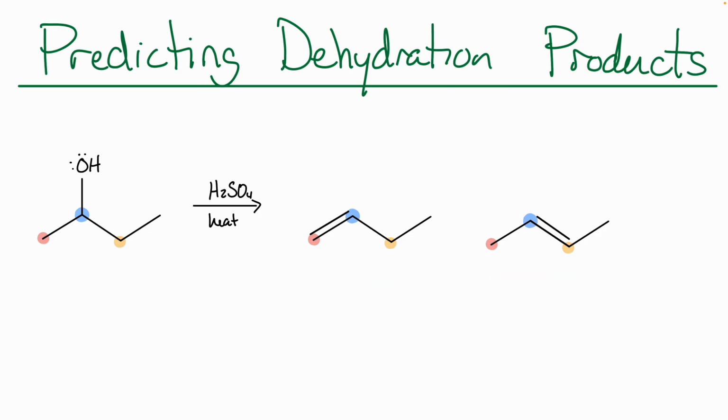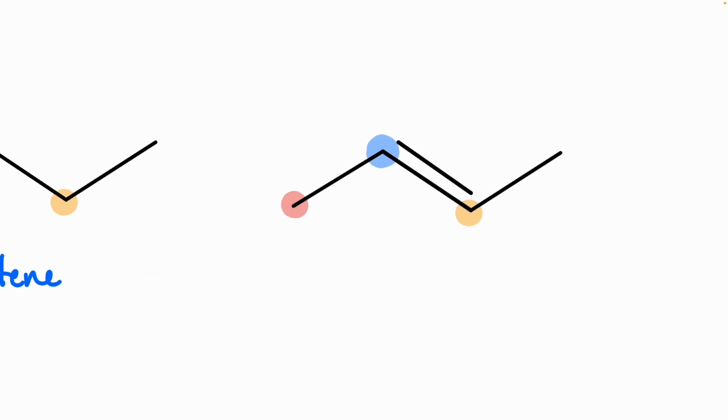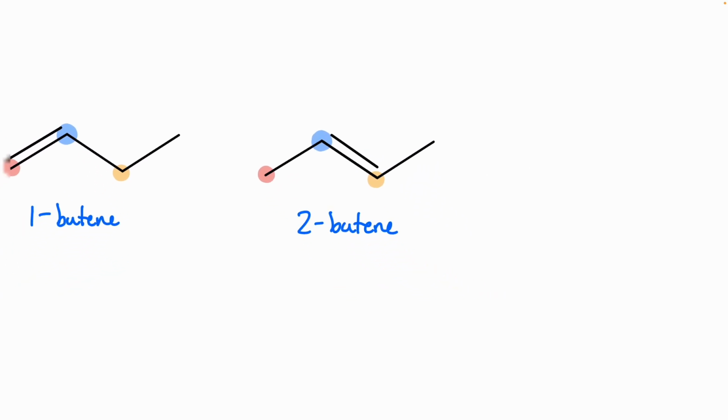Okay? So we have these different directions in which this molecule can dehydrate, leading to these two different products. I know they're two distinct products because they have different names, right? What would the name of this one be? 1-butene. And what about the name of this one? 2-butene. All right, but it's even more complicated than that, because this isn't just 2-butene.